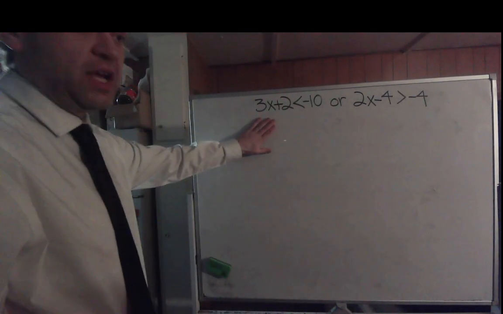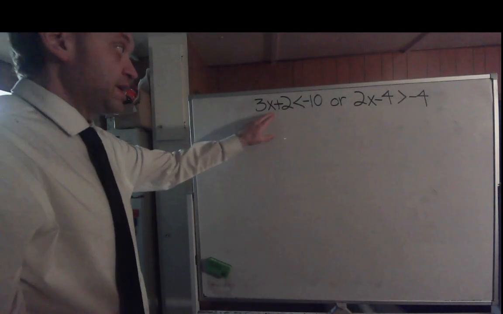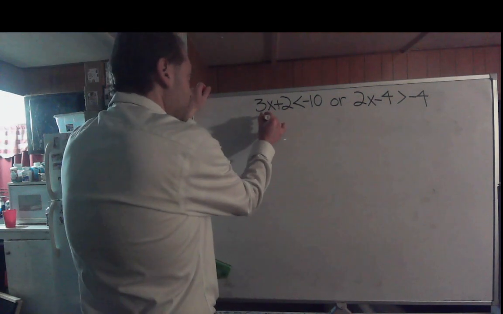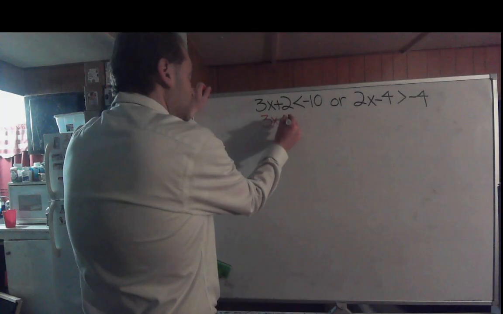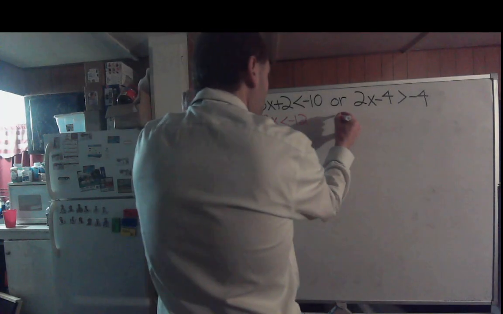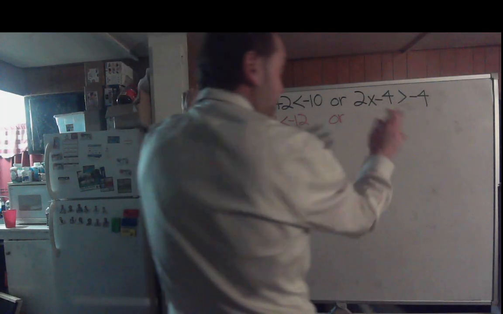Well, solve your inequalities, each of them separately first. Get the 3x by itself, so subtract 2 from both sides. You would end up with 3x is less than negative 12, or get the 2x by itself, so add 4 to both sides.